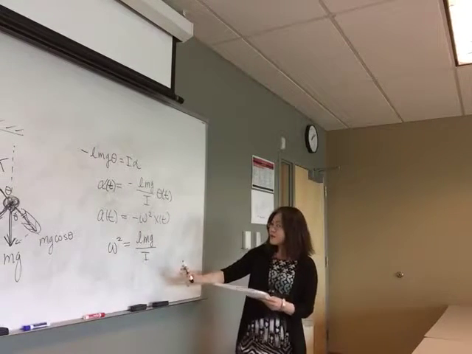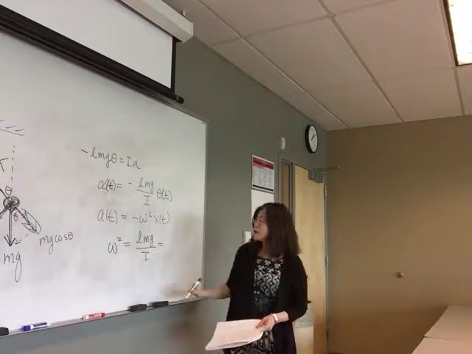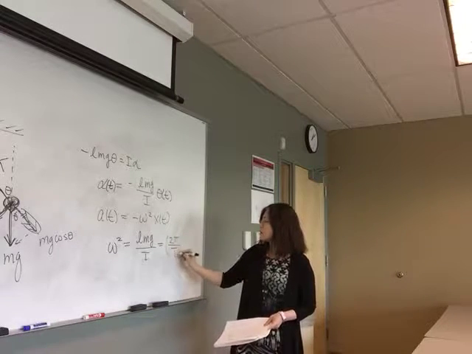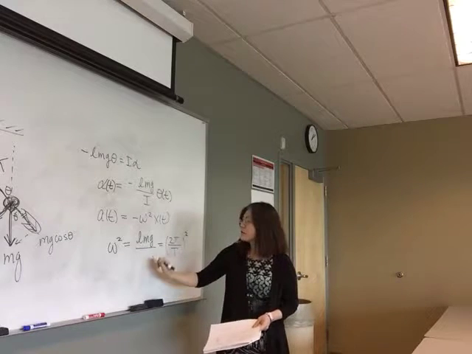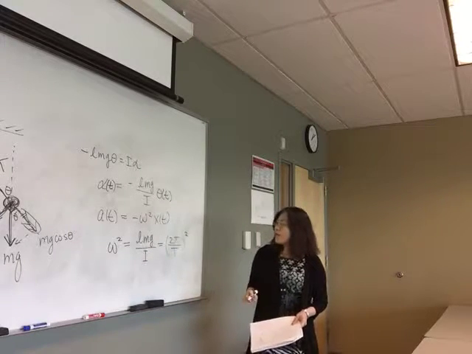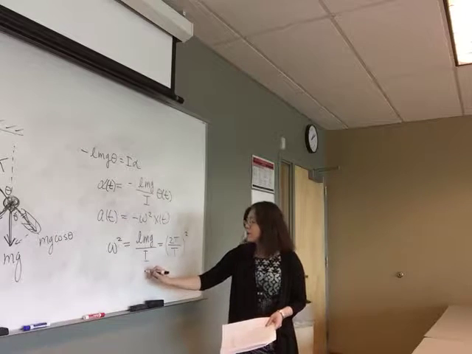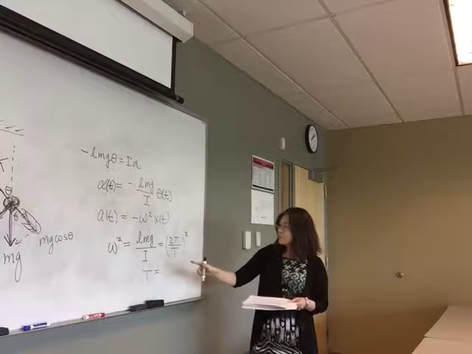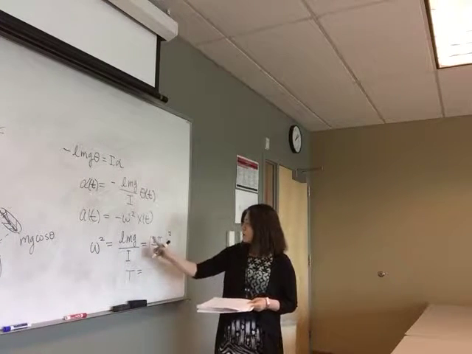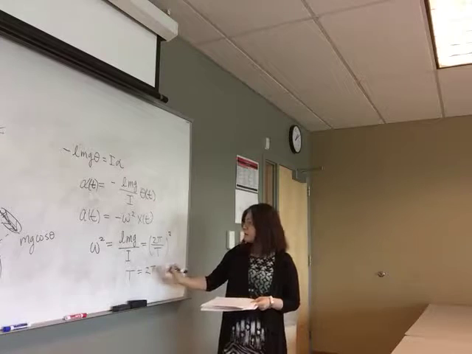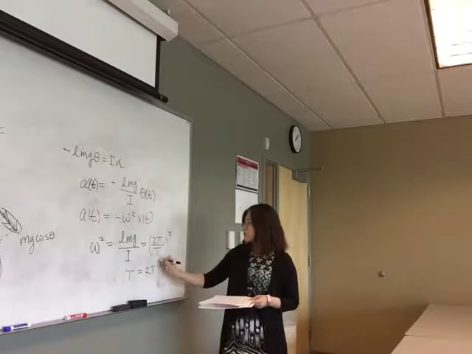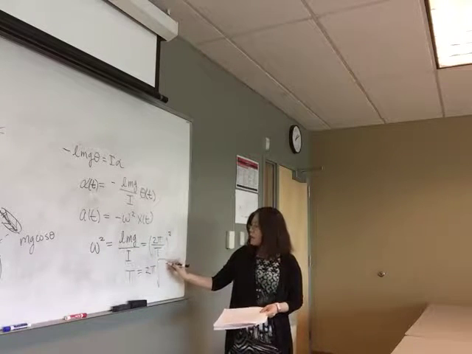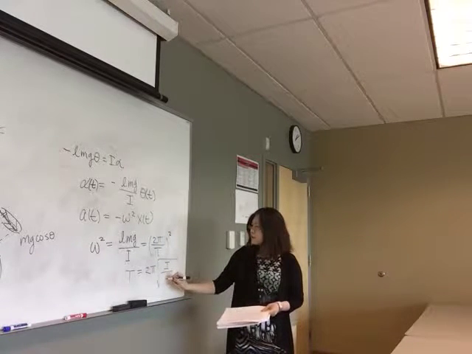So we have that omega is equal to 2 pi over T. So my T, the period, is equal to 2 pi times the square root of I over mg, with the L.